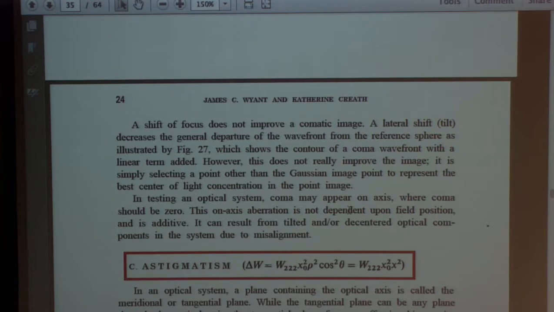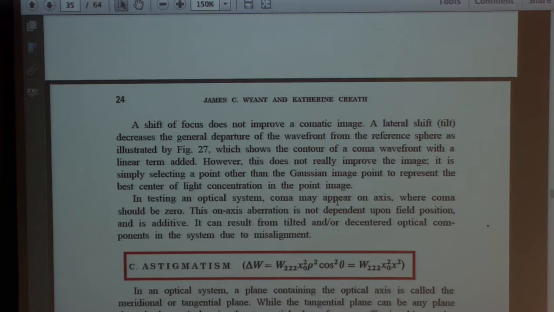So in testing field position, we had an x naught there. And so if I were on axis, I shouldn't have any coma. But so many times in life I've been testing an optical system and I find I have coma on axis. And the real problem is that probably the optics you have are tilted or decentered or something.